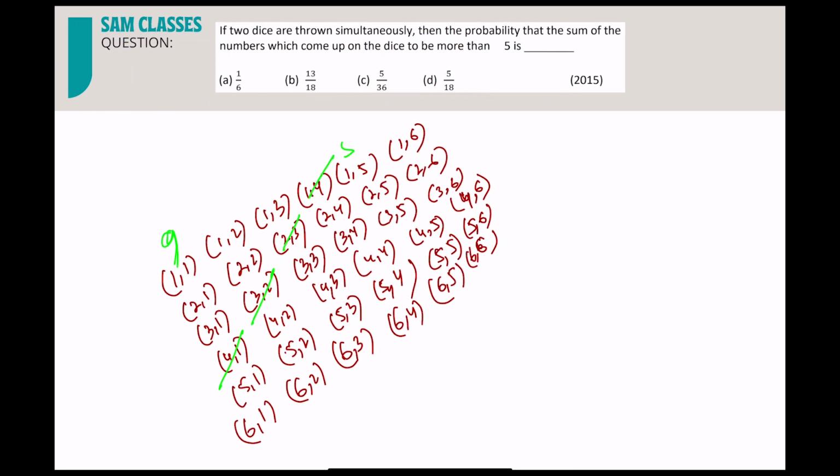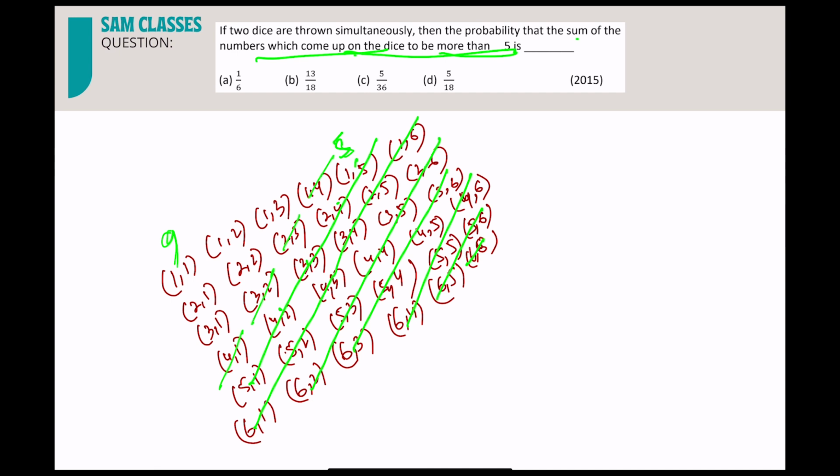Now they're telling us that if 2 dice are thrown simultaneously, then the probability that the sum of the numbers which come up on the dice is more than 5. We know till here we are getting 5, so anything more than this is more than 5. Here 1, 2, 3, 4, 5, here 5, again here 1, 2, 3, 4, 5, 6. Again 5, again 4, again 3, again 2, again 1.